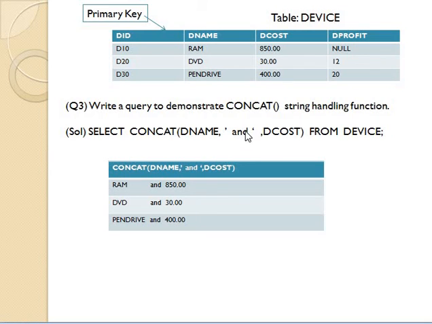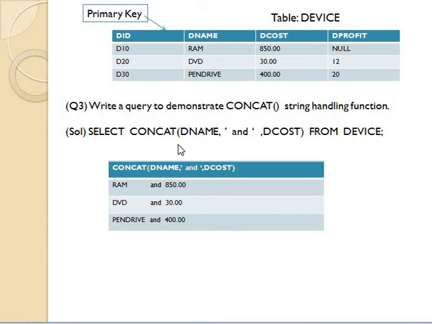And just after adding the string AND to the dname column, I shall also add the column dcost to dname and AND. On doing that, all the entries of this dcost column, that is 850.00, 30.00 and 400.00, shall be added into the output table exactly in this format, which gives RAM and 850, DVD and 30 and pen drive and 400 as the output.